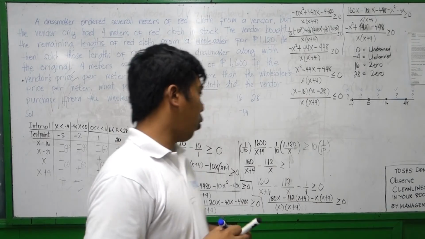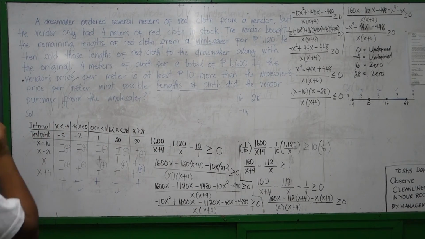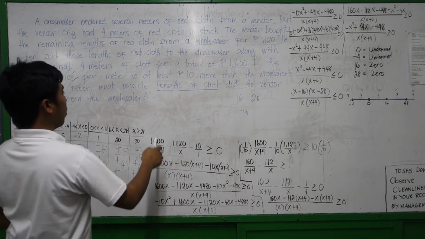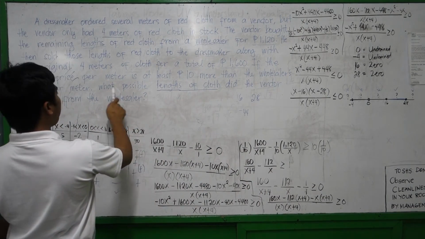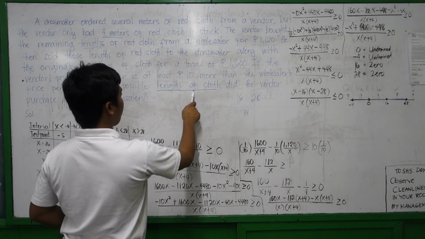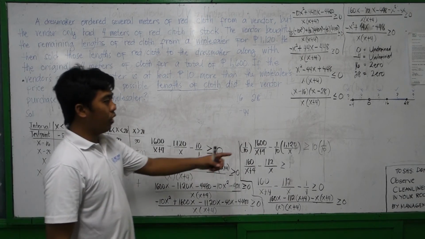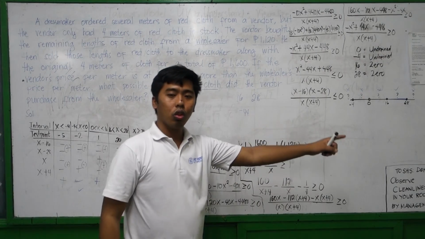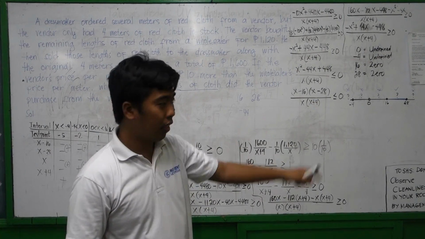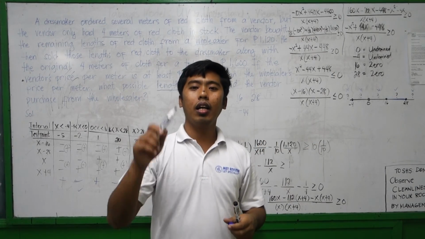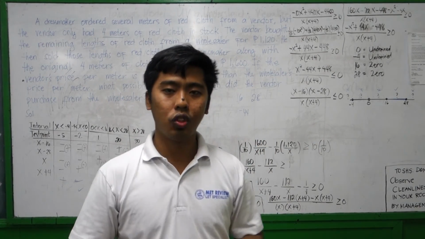So, what possible lengths of cloth did the vendor purchase from the wholesaler? The answer is 16 to 28. Not more than 28. So, 16 to 28 ang atong final answer.